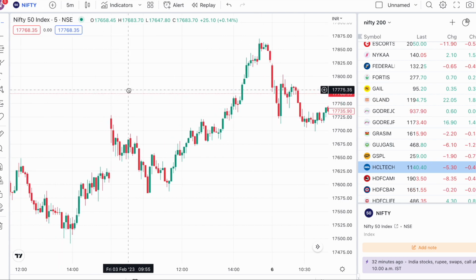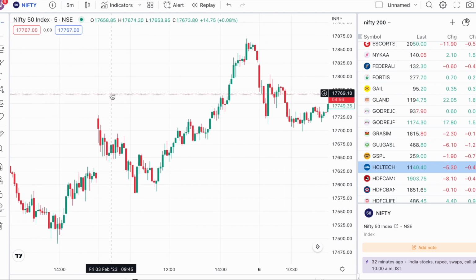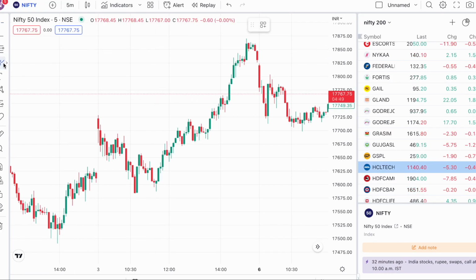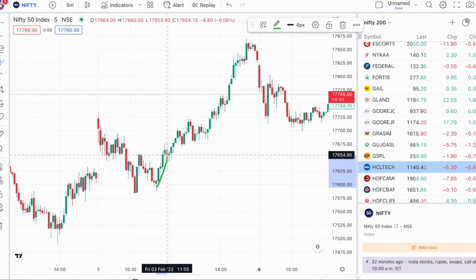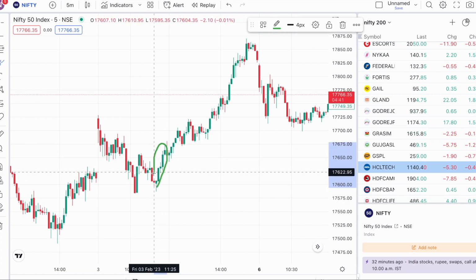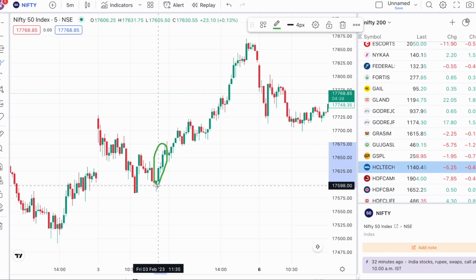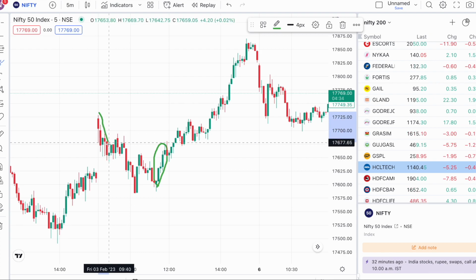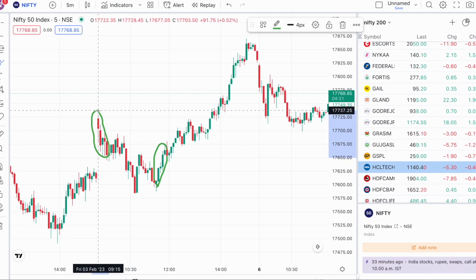Let's find Nifty. Today is 7th of Feb and the time is 10:50 a.m. And here you can see a combination of candles that is depicting a strong move. Combination of red candles depicting a strong move.